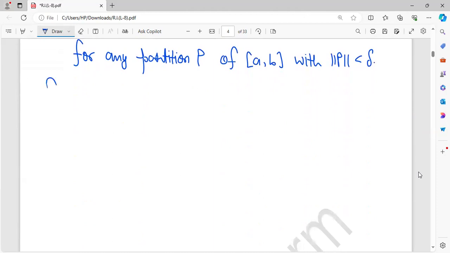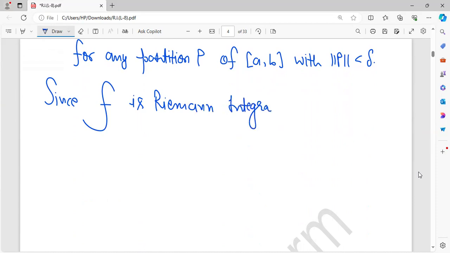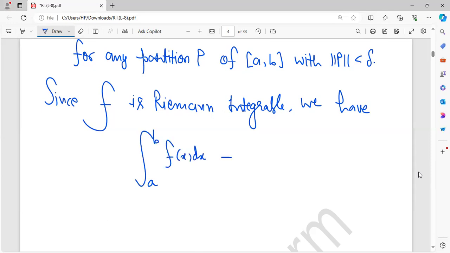Since f is Riemann integrable, we have the integral of f from a to b is equal to the upper integral, which is equal to the lower integral, because the function is Riemann integrable.